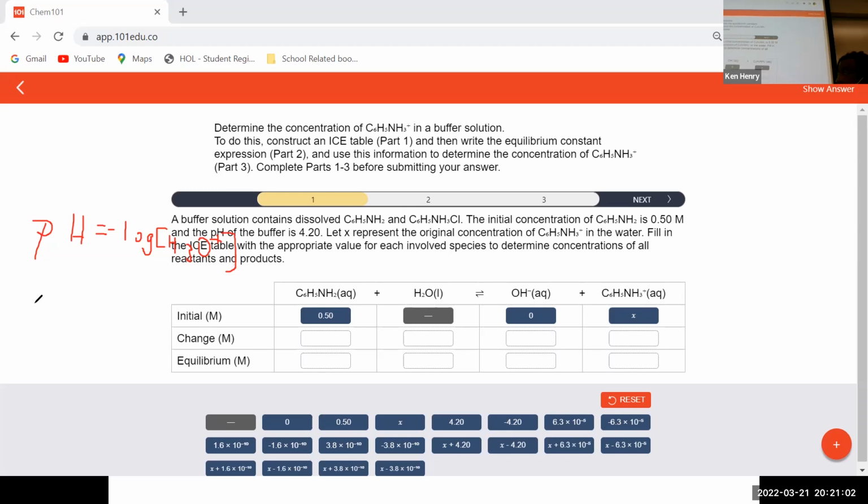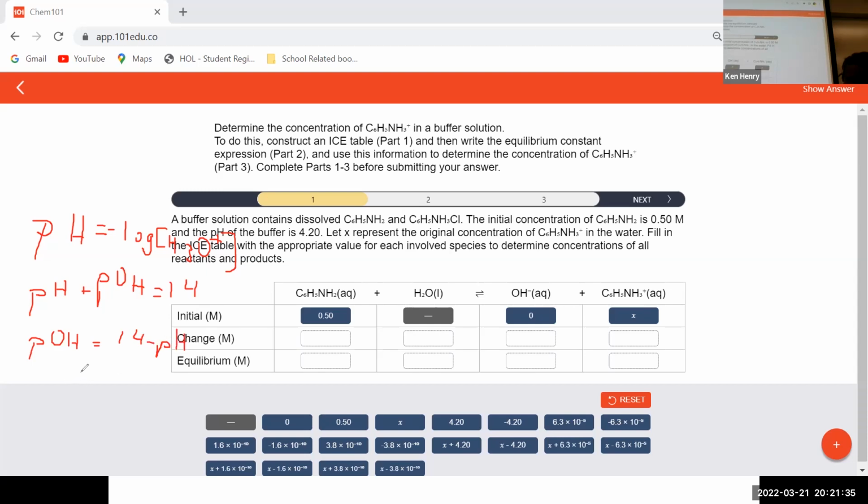pOH. So what do I know? I know that pH plus pOH equal what? So then pOH, sorry, is going to equal 14 minus pH.